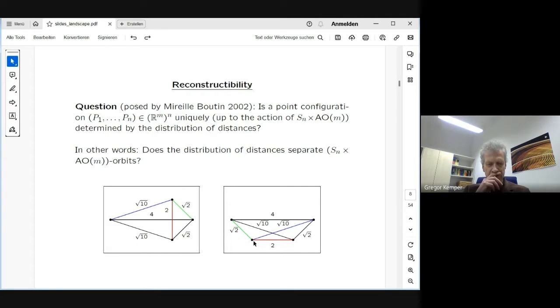And right, the configuration, this quadrangle, is fine-tuned in such a way that it just so happens that this distance 2, which appears here, makes a new appearance down here. So that means that the distribution of distances of both these configurations are the same, but they are quite visibly not the same. They are not in the same group orbit. So here we are. There is a counterexample, and so the general answer to the question is no.